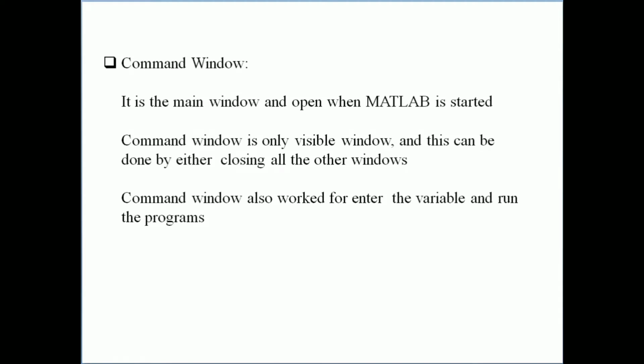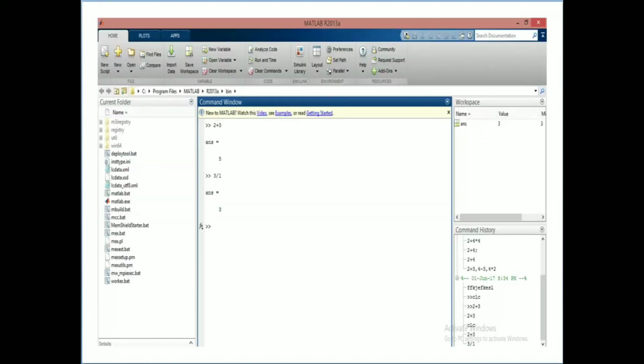The command window is the main window and opens when Matlab is started. Second, the command window is the only visible window, and this can be done by closing all other windows. The command window is also used to enter variables and run programs.